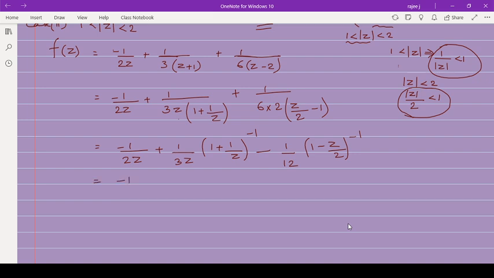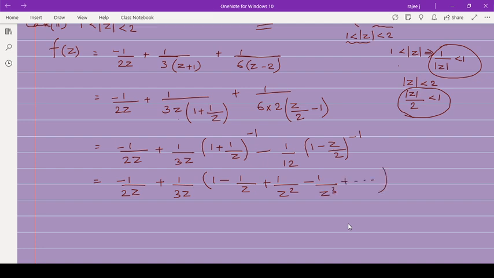So it is minus 1 by 2z plus 1 by 3z. Open the expression here. So it is 1 plus x the whole raised to minus 1 formula, we apply there. Then it becomes 1 minus 1 by z plus 1 by z square minus etc. Alternate plus or minus will come.